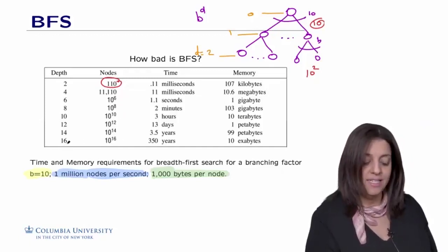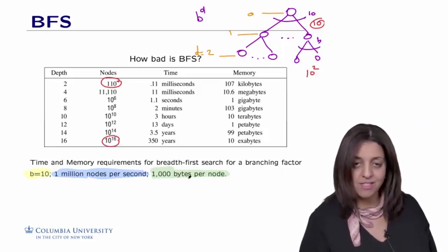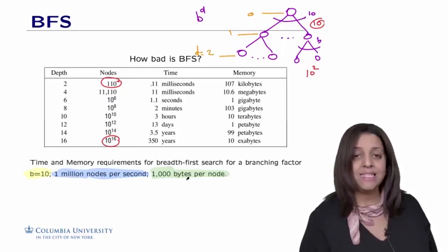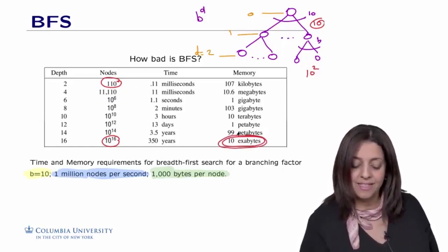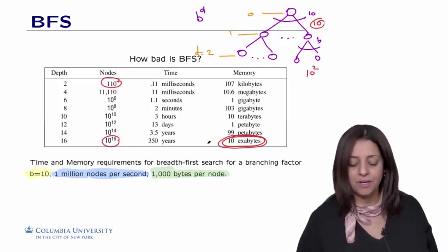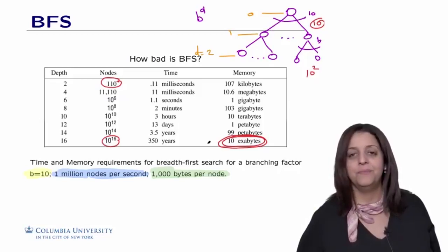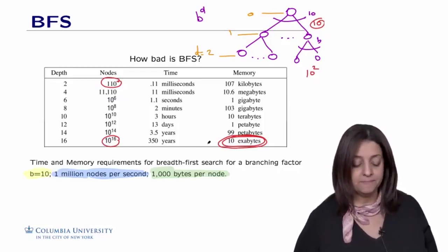For a depth of 16, we would need to store 10 to the 16 nodes. Given that each node takes 1,000 bytes to represent it, this represents 10 exabytes of memory space requirement. That's huge, and none of today's computers have this capacity in memory.